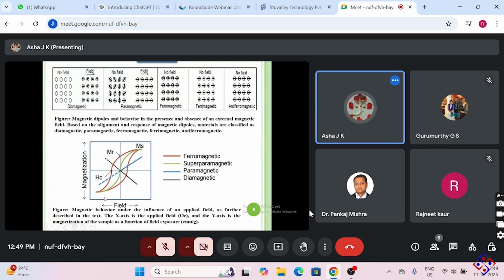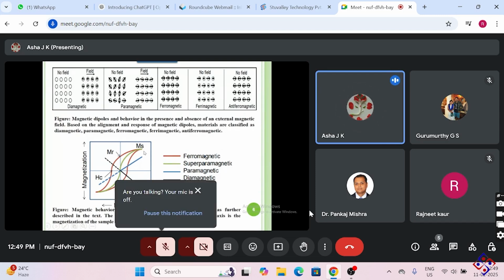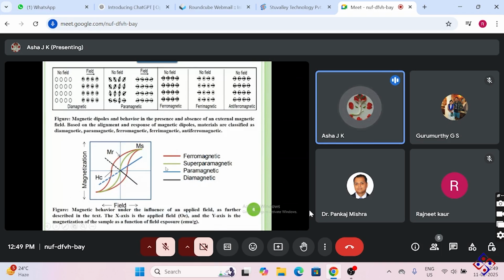The hysteresis loop shows the magnetization when the external field is removed. And the superparamagnetic green line is similar to ferromagnetic but does not retain magnetization. The paramagnetic blue line exhibits a linear response with the field.